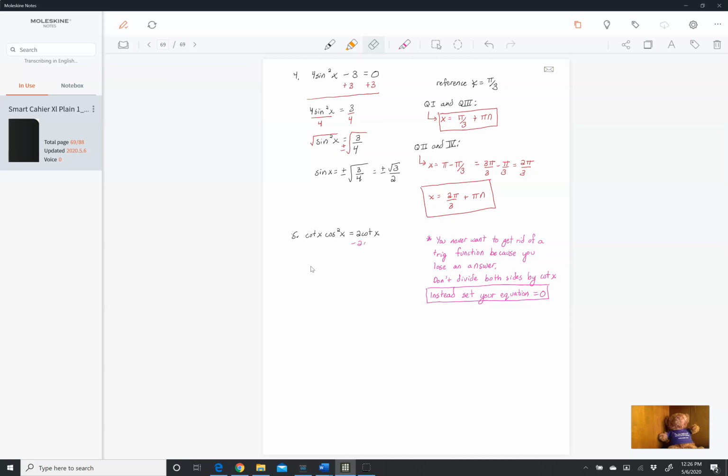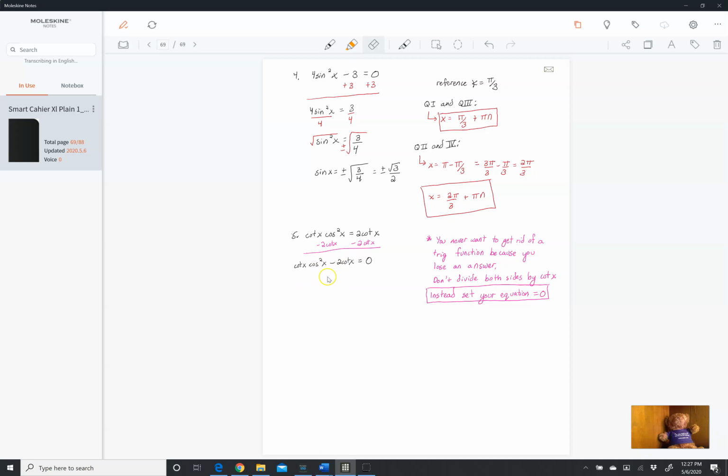We subtract 2 cotangent x from both sides. Okay, and what does this give us? Cotangent of x cosine squared x minus 2 cotangent of x is equal to 0.